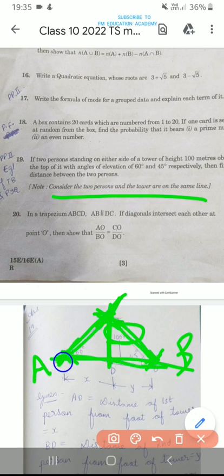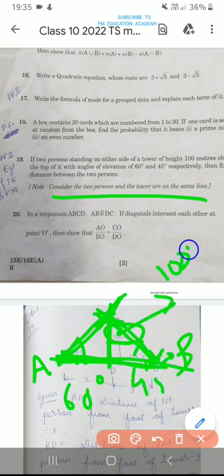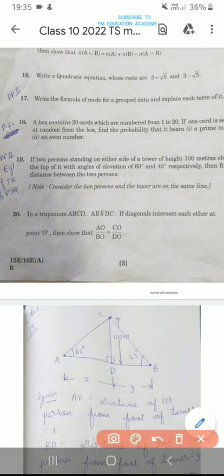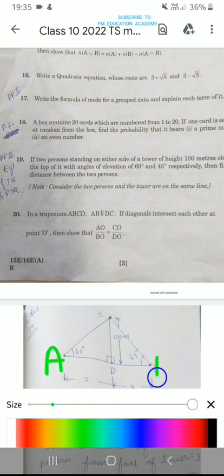So I got the diagram, and this angle is given as 60 degrees, this angle is 45 degrees, and this height is 100 meters. It is asking me to find the distance between the two persons, that is, I have to find the distance AB. So I'll name this triangle ABCD, and I'll take the distance AD as X, and the distance BD as Y.